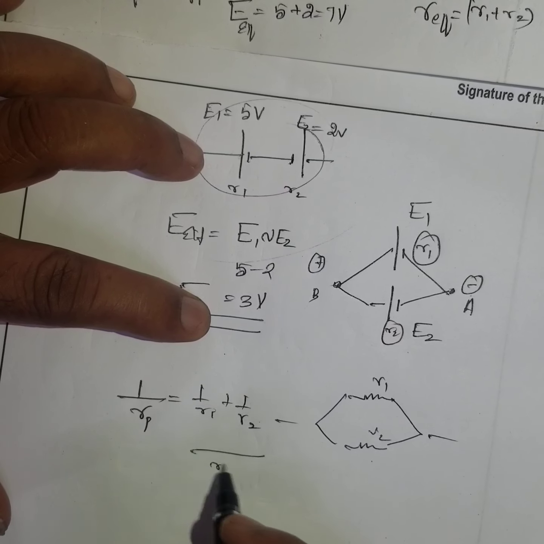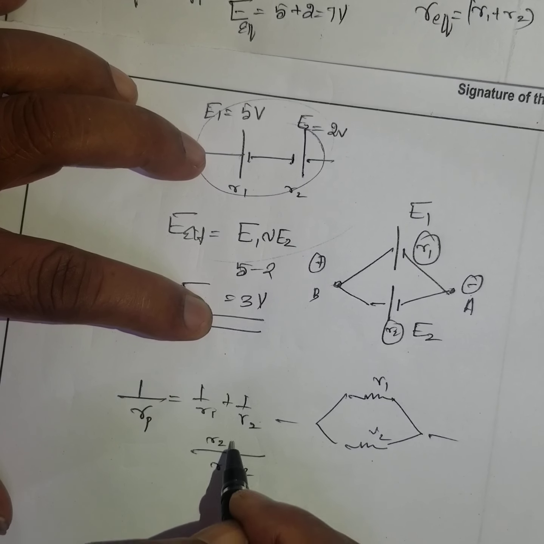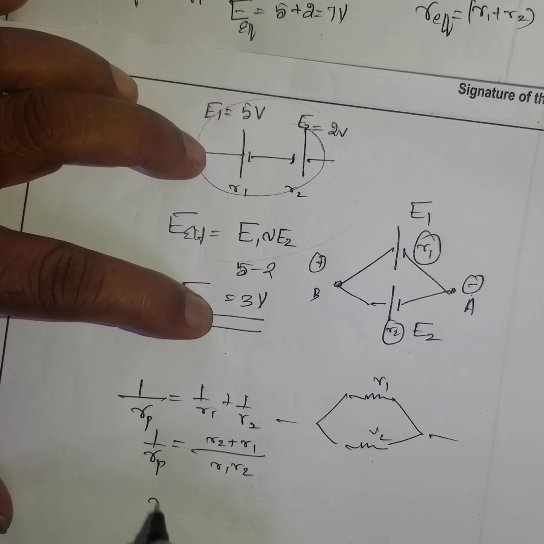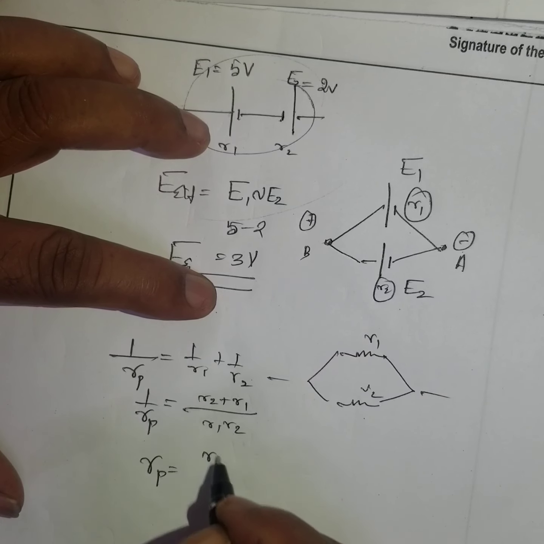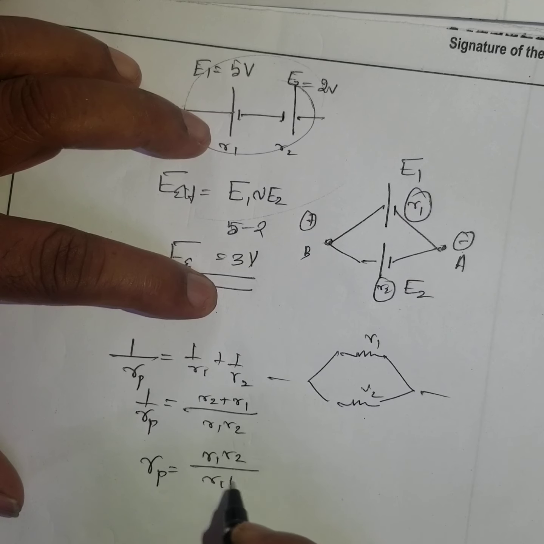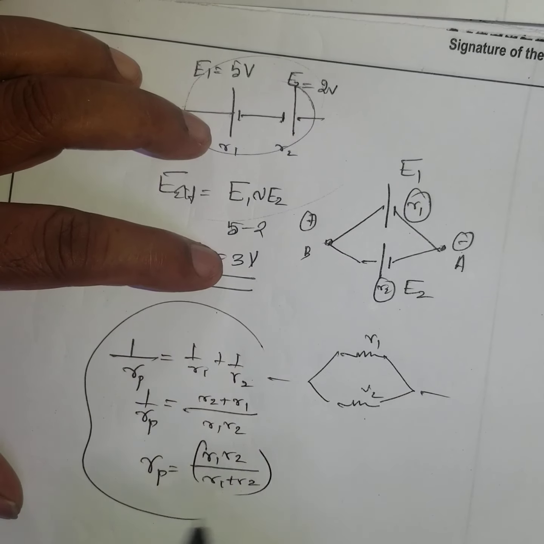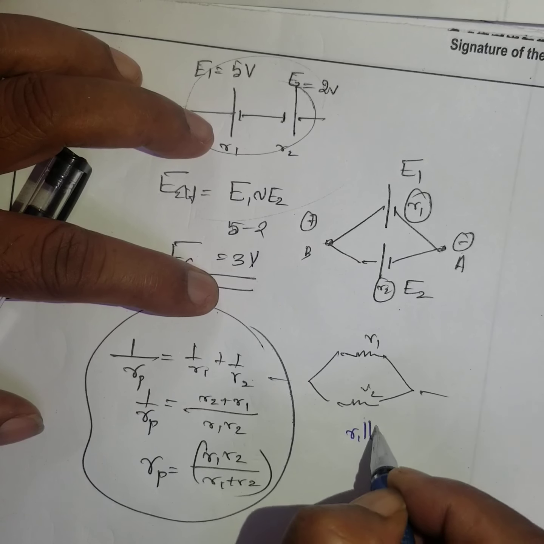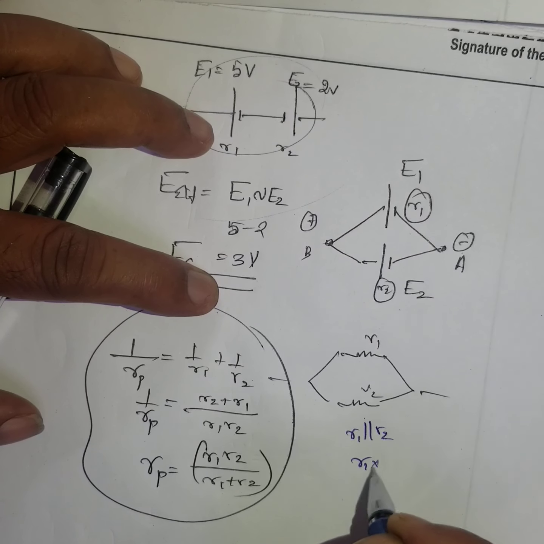Then taking the LCM, R1 R2 by R1 plus R2. R parallel is equal to R1 R2 by R1 plus R2. You need not waste this much time. Directly you can tell, if R1 is parallel to R2, then product divided by sum. This is called R parallel.